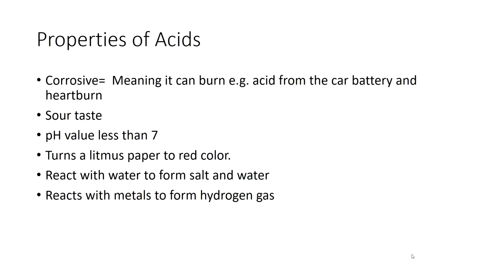And then they have a sour taste. Take your lemon. If you squeeze the juice of the lemon, it is sour. So that is a property of an acid. Acids have a pH value that is less than 7 in the pH scale. Then if you are doing an experiment, an acid would turn a litmus paper into a red color.